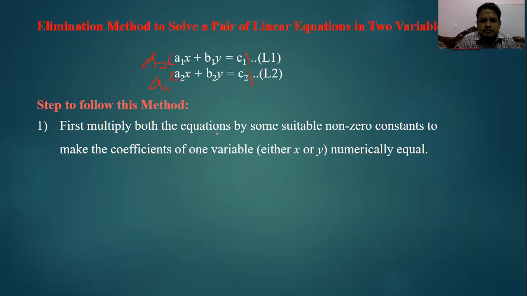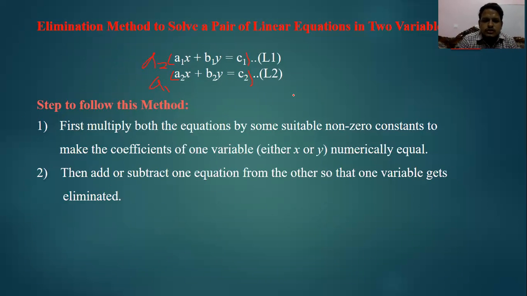First we multiply both the equations with some suitable non-zero constant to make the coefficient of one variable numerically equal. Here you can see that we are making the coefficient of x equal, that is a2 into a1. After that, for the second step, we will either subtract or add one equation to or from the other, L2 to L1 or L1 to L2, so that one variable will get eliminated.